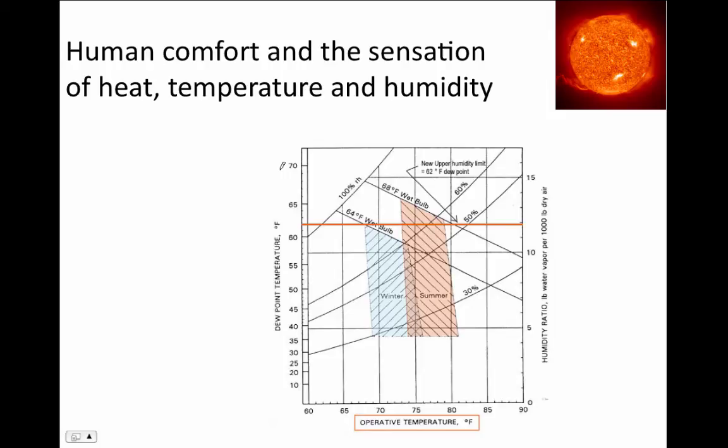You'll have to have a lower temperature to feel comfortable with humid air. If the air temperature is warm and you're comfortable, and all of a sudden it becomes more humid, you'll be less comfortable. So humidity also affects your ability to be comfortable in any given situation. So again, human comfort is a complex combination of heat, temperature, and humidity.